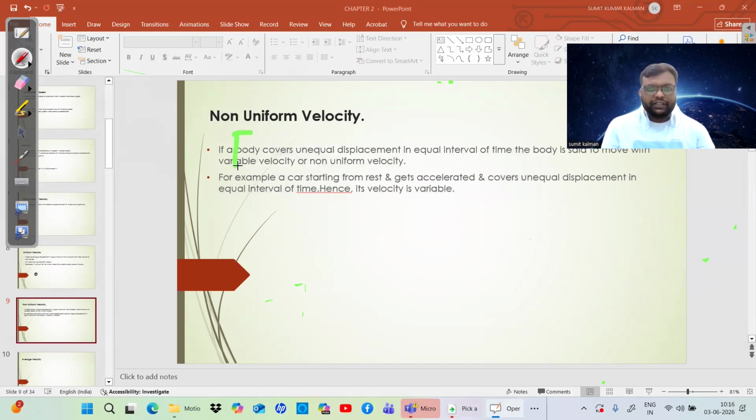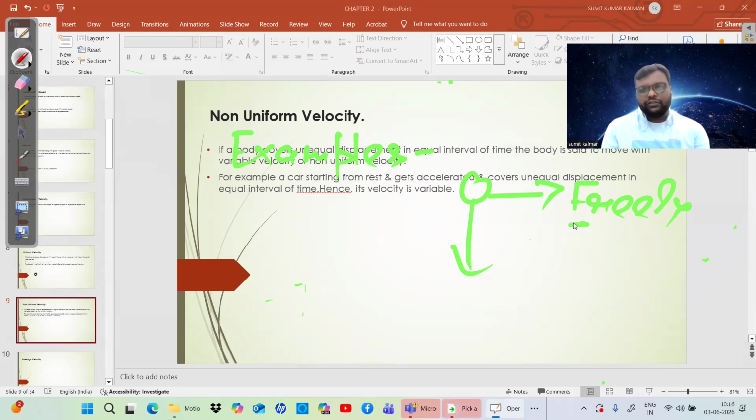The motion of a freely falling body has non-uniform velocity.